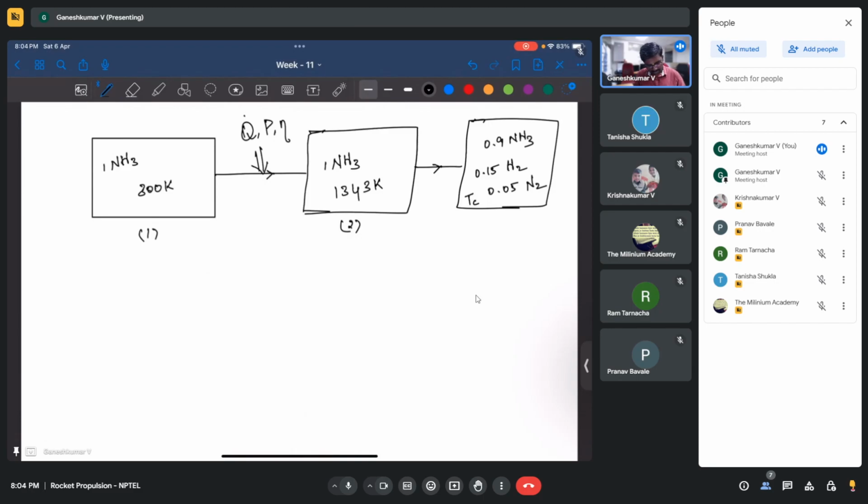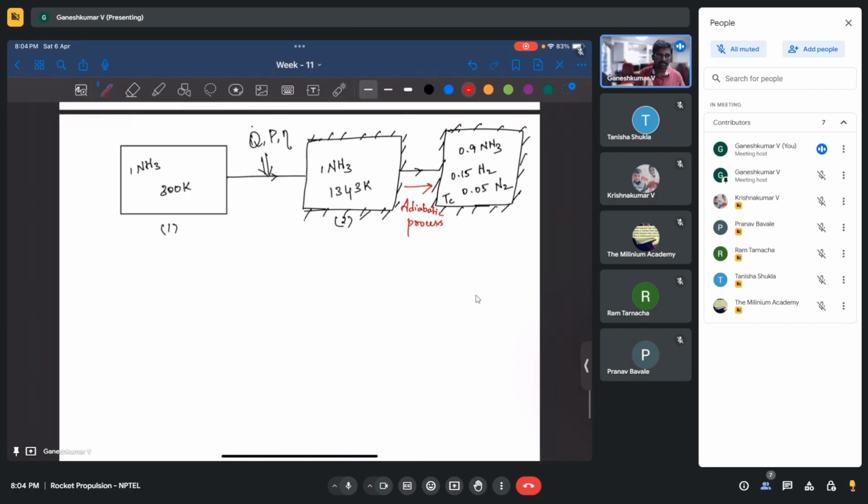These are adiabatic systems. From here to here, it's an adiabatic process, there is no heat loss, but during that, composition has changed, right? And also dissociation has happened.